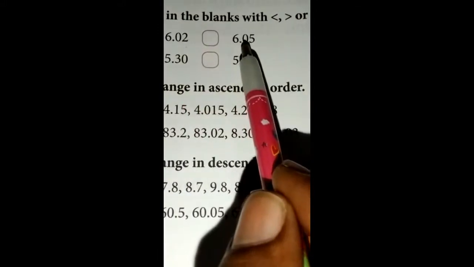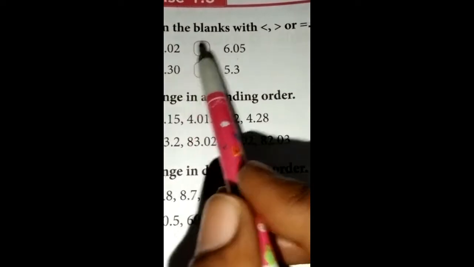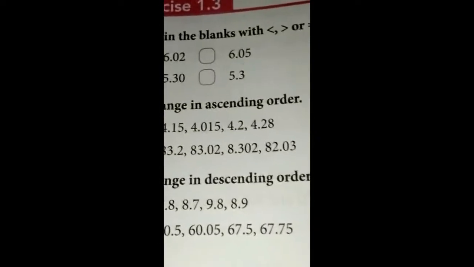Which is the whole number part here? The numbers on the left side of the decimal point are the whole number parts. You can see here the whole number parts have the same number, 6 and 6. So we have to compare the decimal part, which is on the right side of the decimal point.